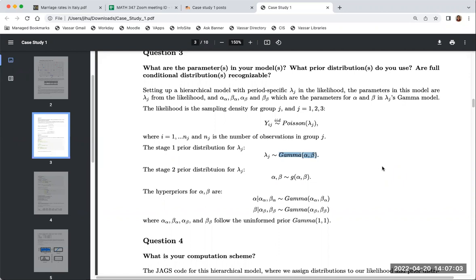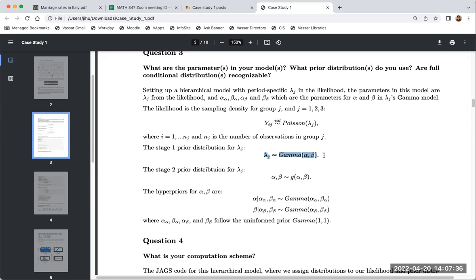Right, so for gamma alpha beta, the mean is alpha over beta, right? So if I use gamma 1 1, then the mean is 1. With alpha and beta following their own gamma distribution, a priori we think each of the lambda j is going to be around 1 with some uncertainty. The variance is also 1, since it is alpha over beta squared.